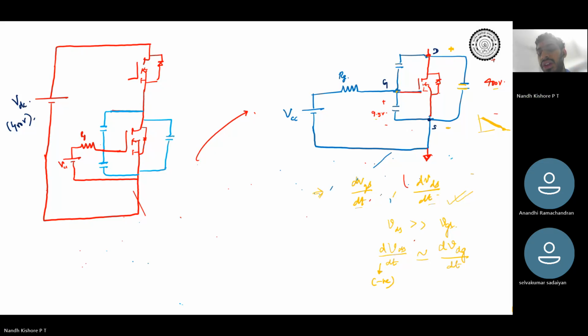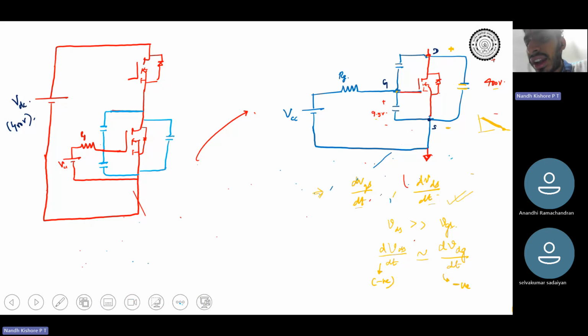It is falling, so dVDG by dt is also negative. Do you understand? dVDG by dt is also negative.